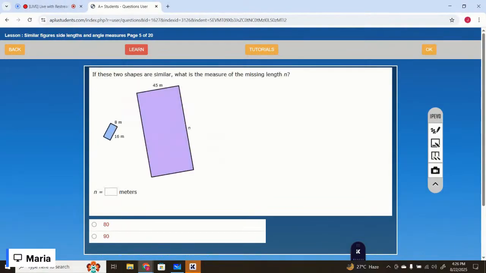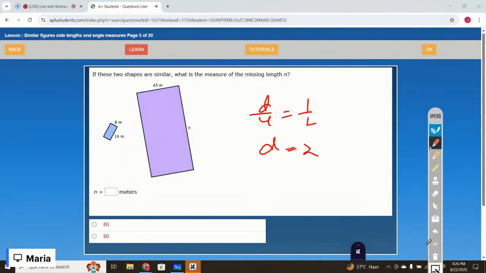If these two shapes are similar, what is the missing length L? That is n over 6, 16 equals 45 over 8.